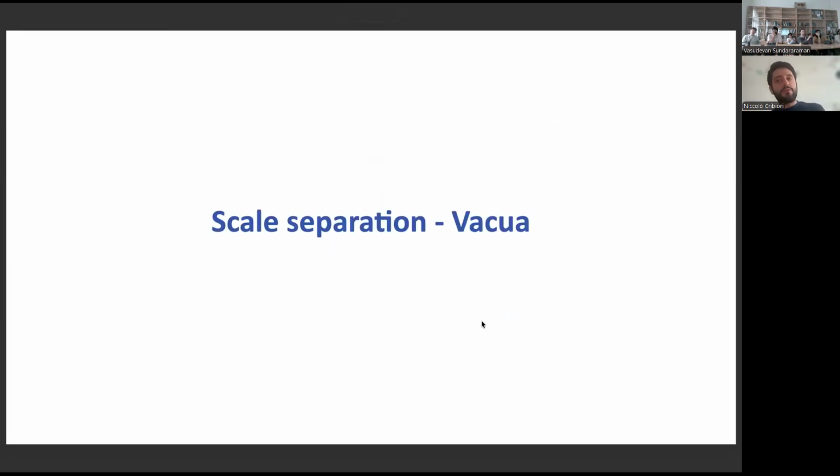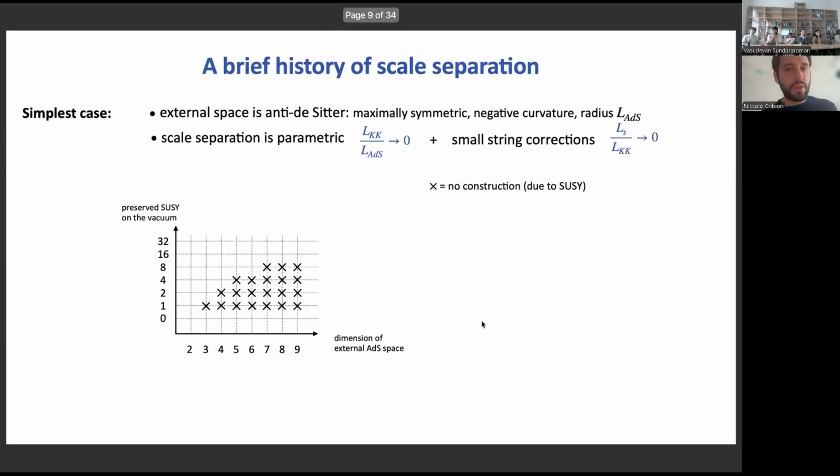Okay, so in the first part of the talk I will concentrate on reviewing the problem of scale separation in the most studied setup, which is that of vacua, so minima of a scalar potential. Really, we are trying to understand the problem in the most simple settings, which are not realistic.